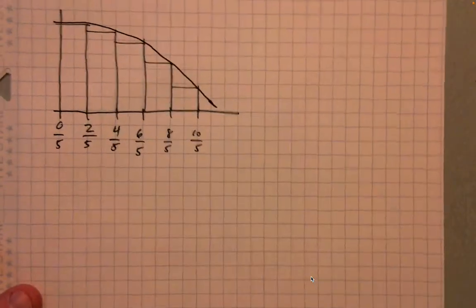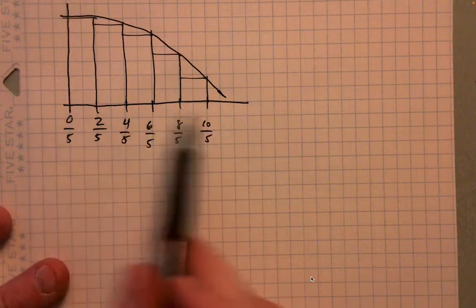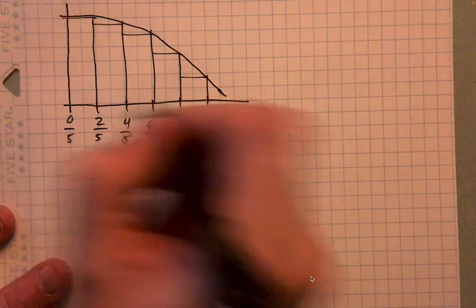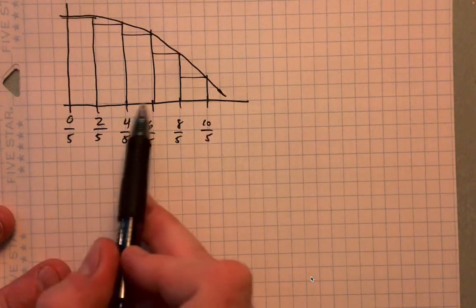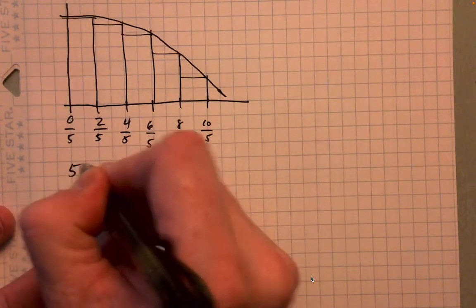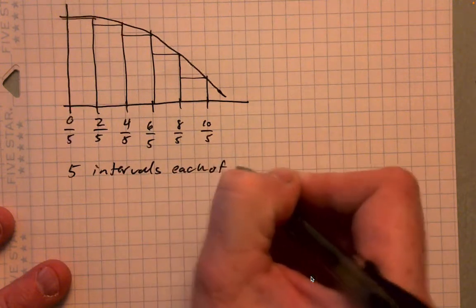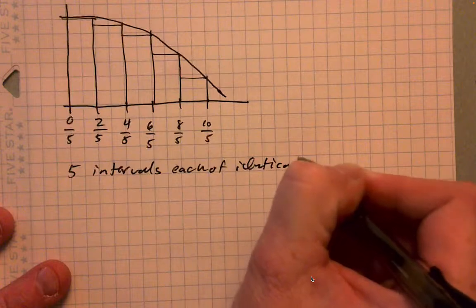Now in this example, the width of the rectangles is all the same. So 5 intervals are created: 1, 2, 3, 4, 5. Five intervals, each of identical width.